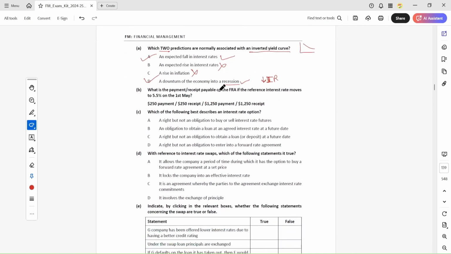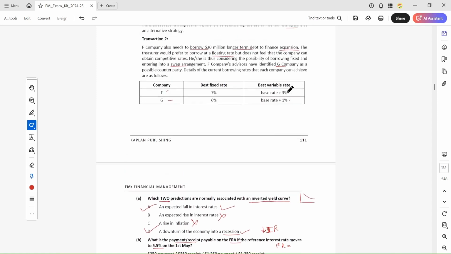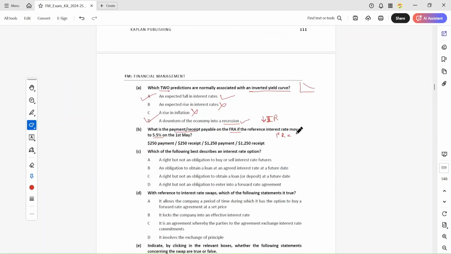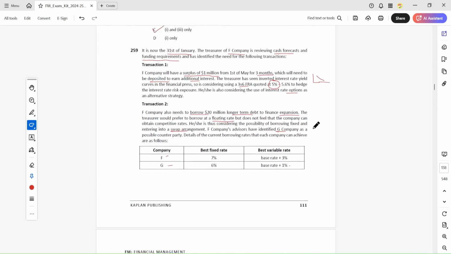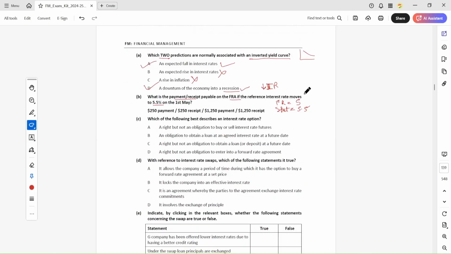Which of the following is a receipt or payment according to FRA? This is the spot versus the FRA. The FRA is 5 and the spot is 5.5, because we are taking it for investment. For investment, the FRA is 5, but we are getting a higher rate.